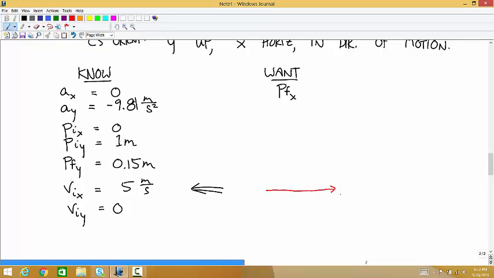The velocity vector is horizontal with a magnitude of 5 meters per second. If you put the tail of that vector at the origin, then it's pointing in the positive x direction, so the whole thing is a positive x component. There's nothing in y. Or you can think of it as 5 times cosine and sine of 0 degrees. And do we know anything about the final velocity? No.